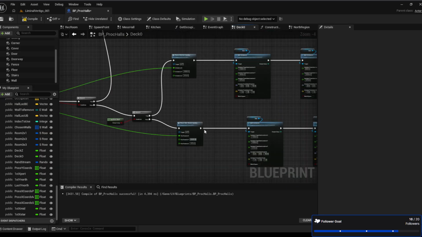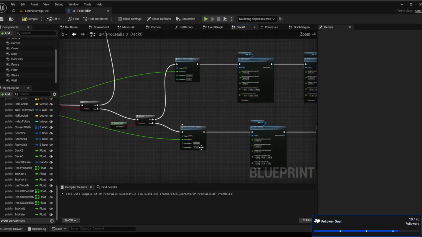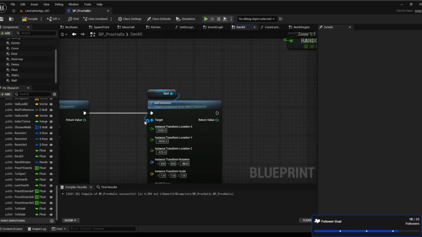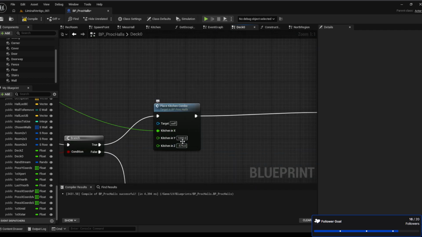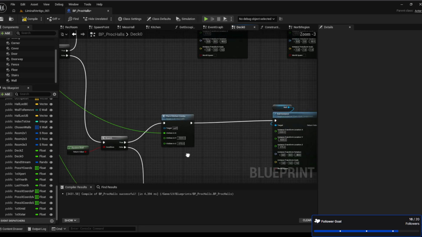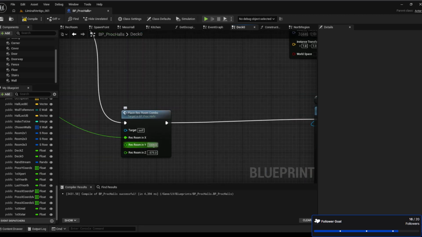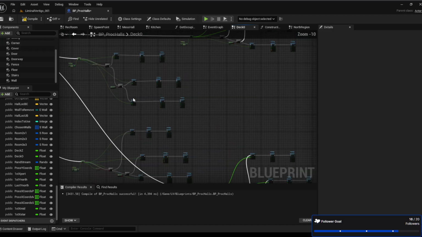Let's start all over again. Alright, and then we go back up over here and we paste here. We paste here. And we paste here. But for the last one, I don't know.